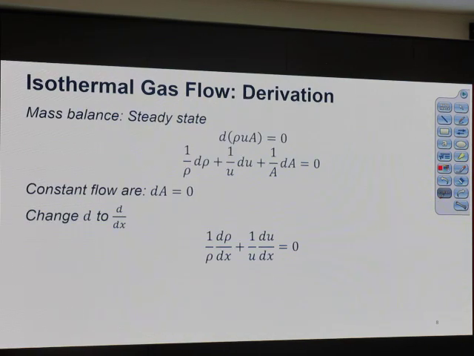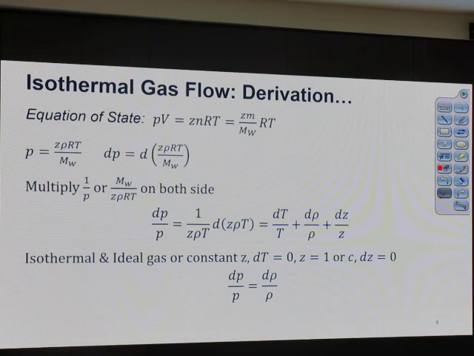How do we derive it? Of course, we skip it for the undergrad class. We will go through it for graduate level. For the undergrad class, what you need to know is the assumptions. This assumes steady state. Steady state means if we take a picture at the same location at a different time, we get the same thing. That is steady state, no change with time.